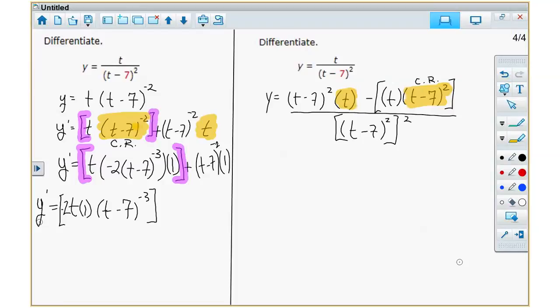And plus, I'm going to add this bracket. And that 1 doesn't do anything because it's the multiplicative identity, so T minus 7 to the -2 power. Okay. Multiplicative identity, yes.